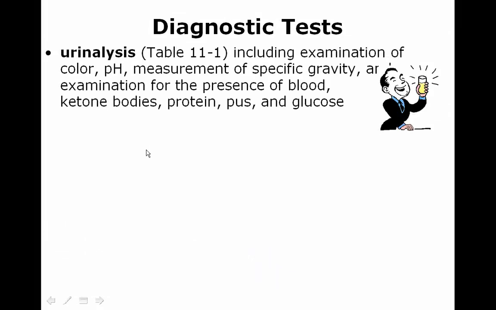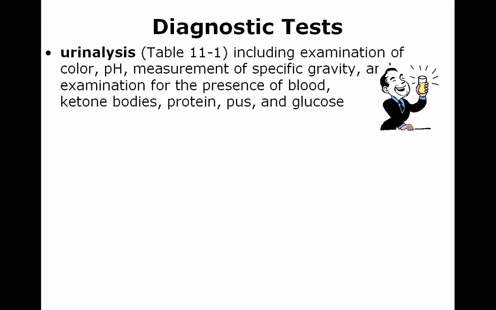The first thing that I want to do is talk about a few diagnostic tests, and a couple of them anyway are described on pages 520 to 521. That's table 11.1, starting with the urinalysis.